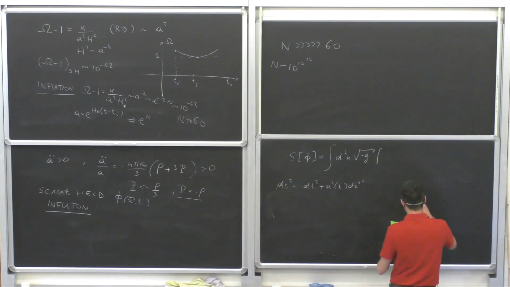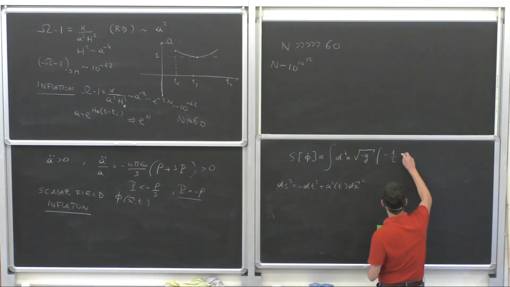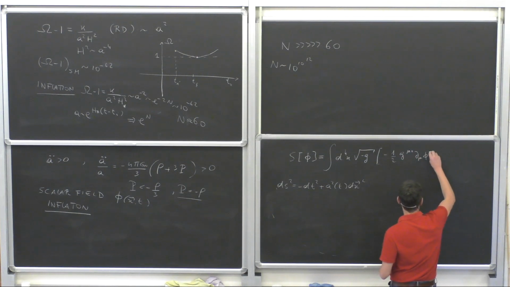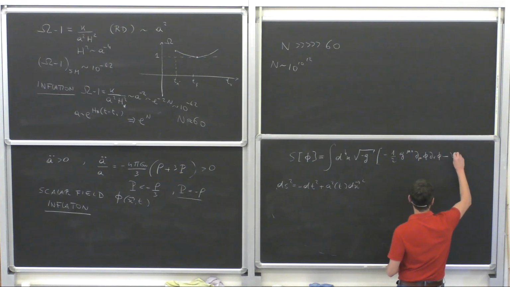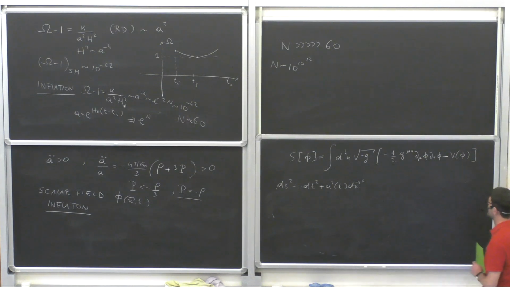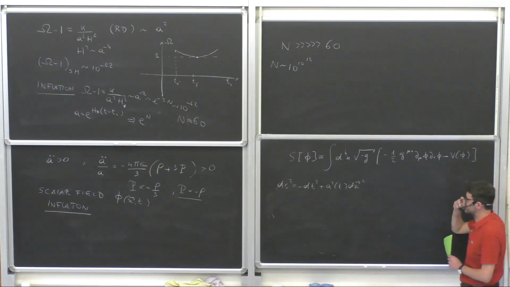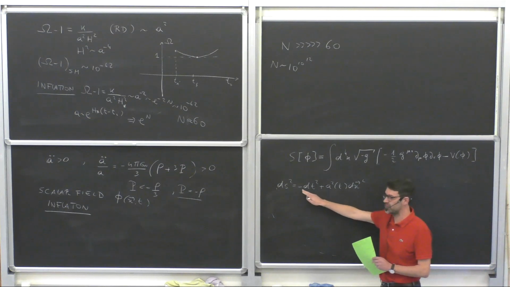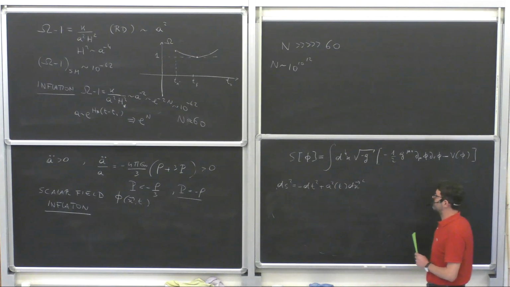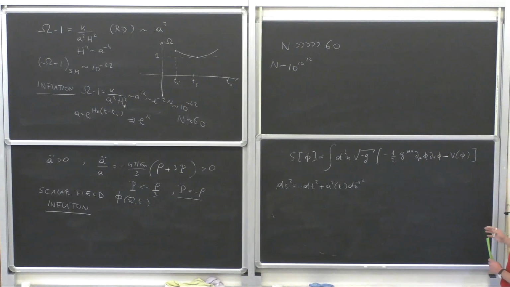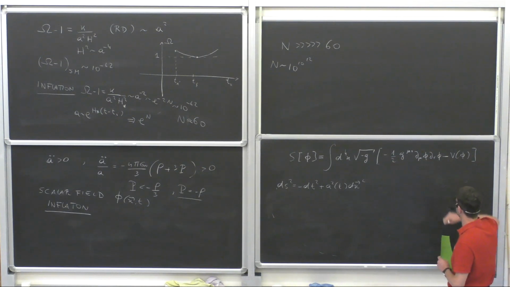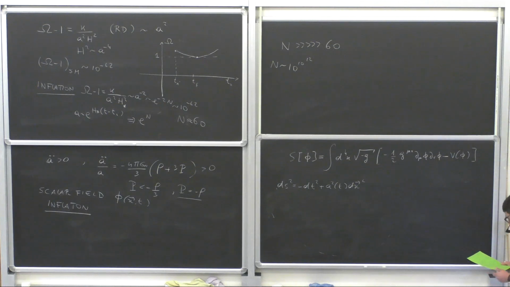And then I have minus 1/2 g^{mu nu}, the inverse metric, d_mu phi d_nu phi, minus V of phi. You might not be familiar with the signs here, but remember that I'm using the convention minus plus plus plus. It's just a convention. You could use plus minus minus minus, in which case you have a plus here and a minus there.